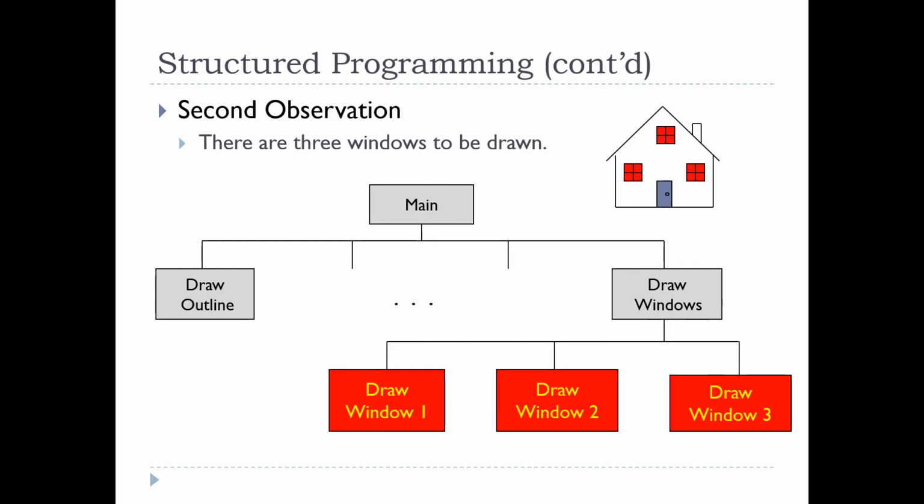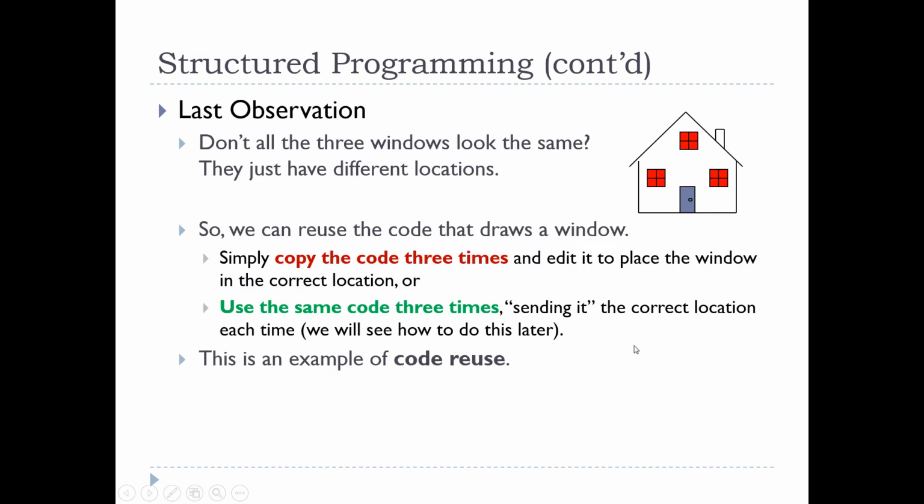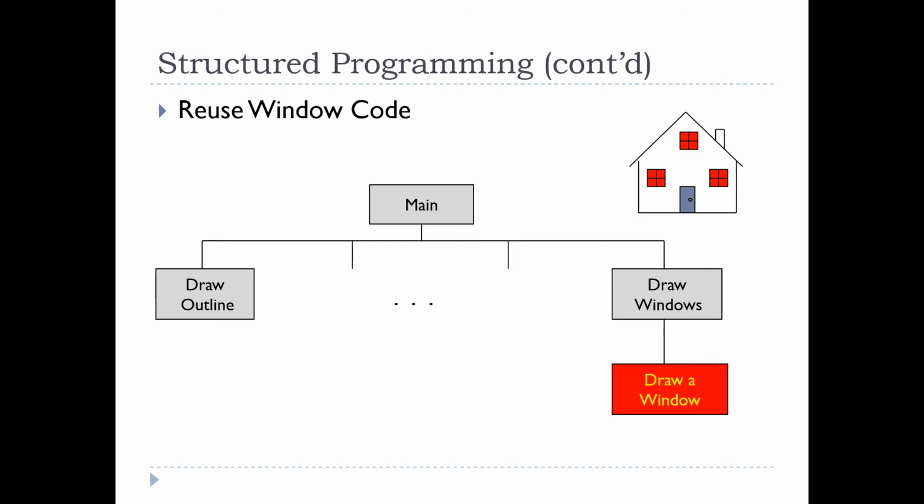Same thing with a window. You could draw window 1, draw window 2, draw window 3. If you think about this, you have to do that 3 times to draw the same window. So instead of doing it 3 times, you make it into 1. So your code can be reusable.